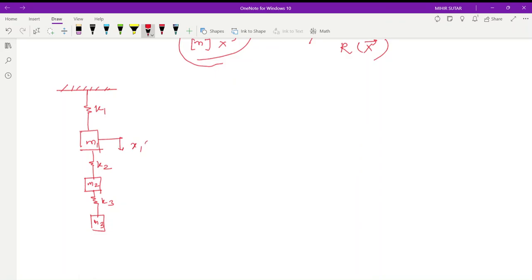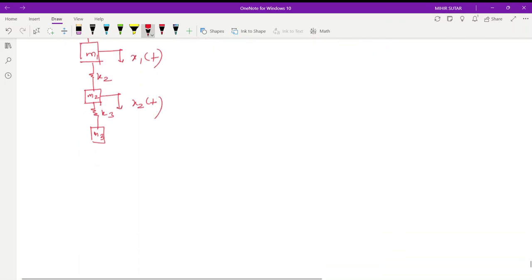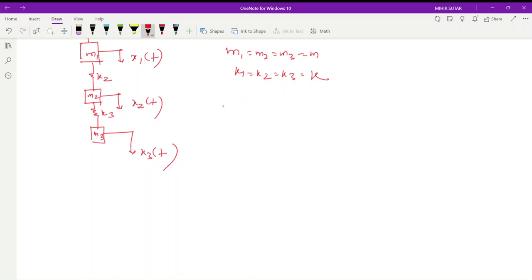Let's say x1(t), x2(t), time bound displacement, x3(t). The same boundary conditions, m1 is equal to m2 is equal to m3 is equal to m, and k1 is equal to k2 is equal to k3 is equal to k.